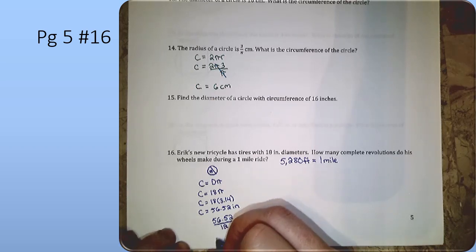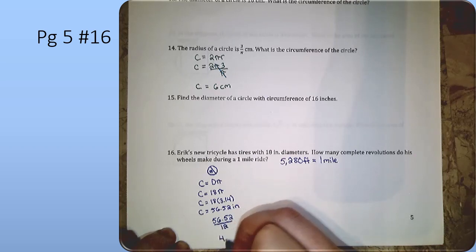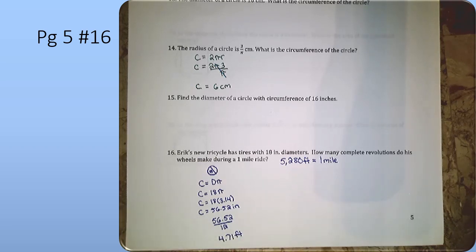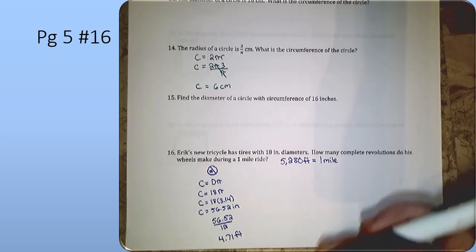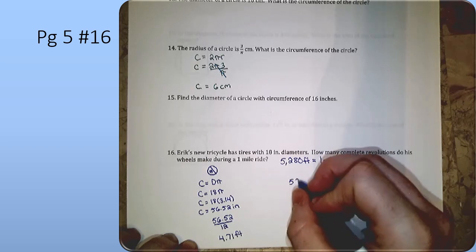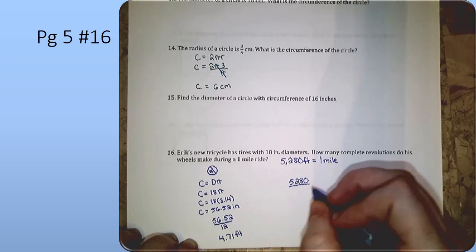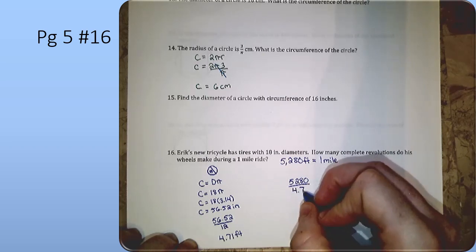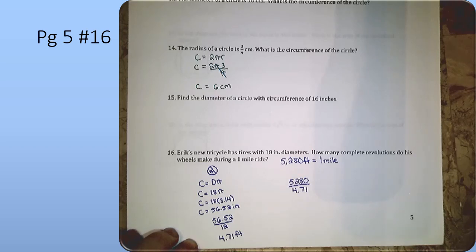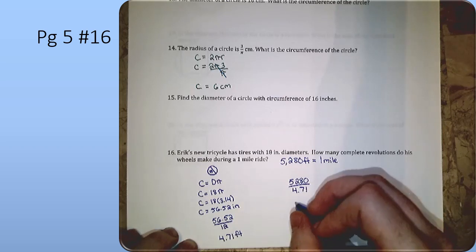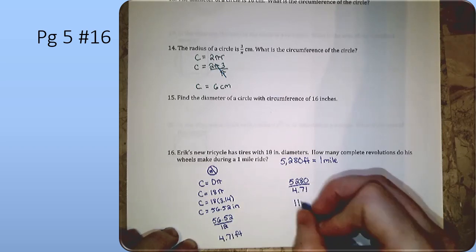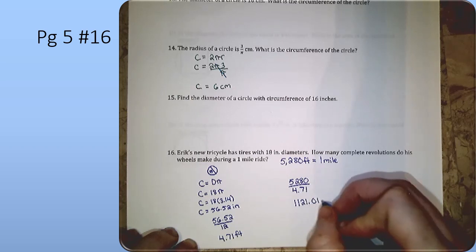When I divide it, I have 4.71 feet. So using this, if it's 5,280 feet in 1 mile, I divide it by 4.71, because that's how long it is in circumference, and I get 1,121.019.